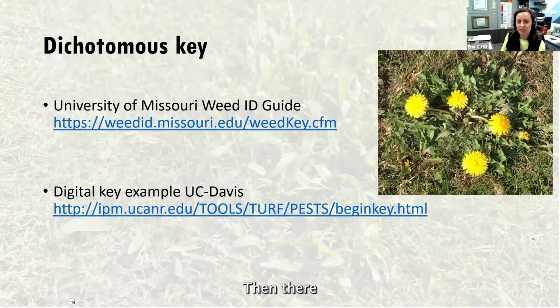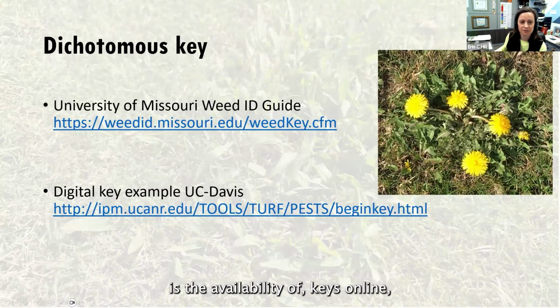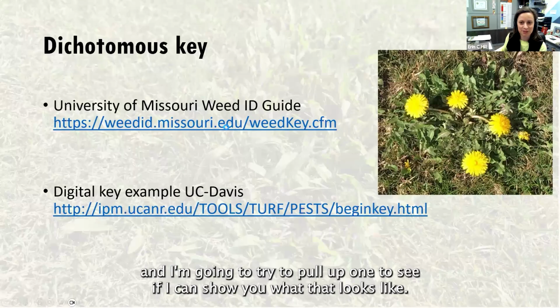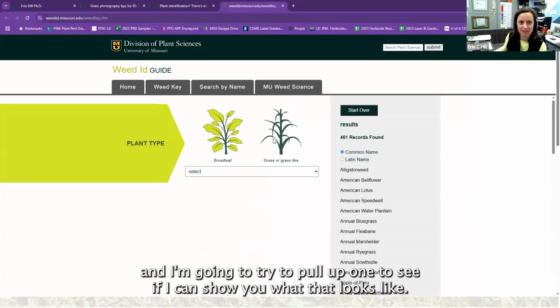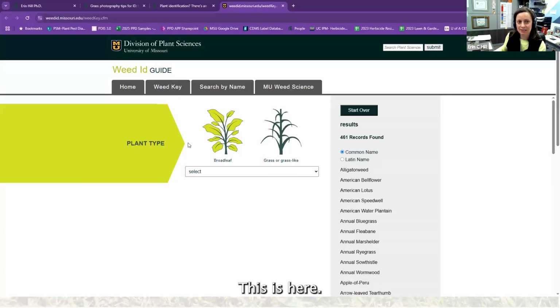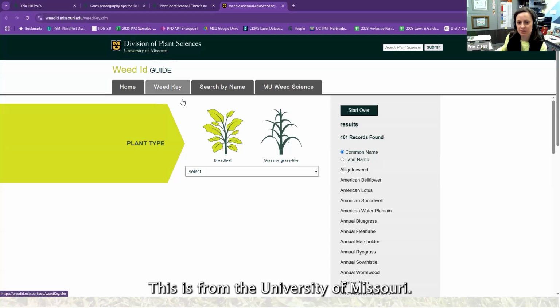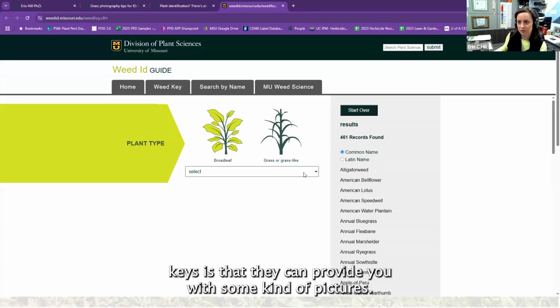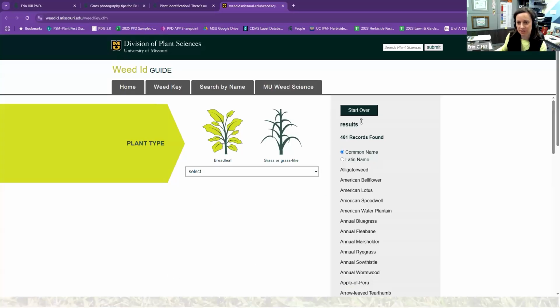Then there is the availability of keys online, and I'm going to try to pull up one to see if I can show you what that looks like. This is from the University of Missouri, and the nice thing about these online keys is that they can provide you with pictures. In this case, this is for weeds.